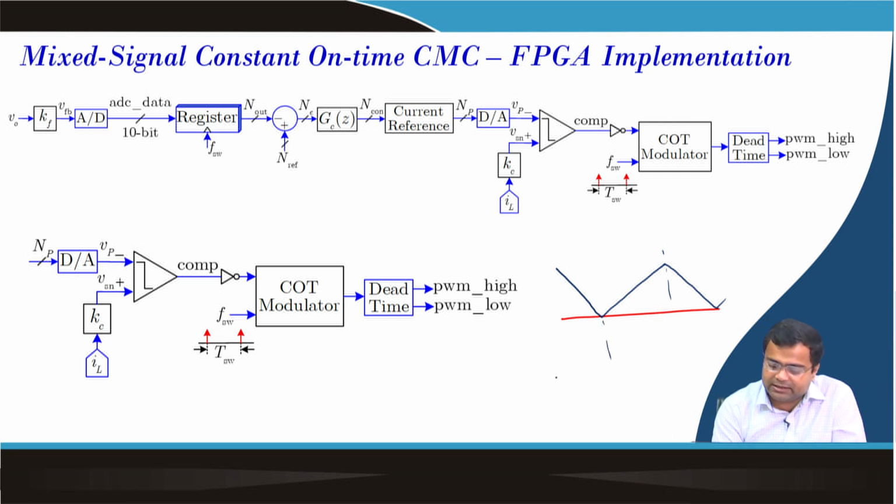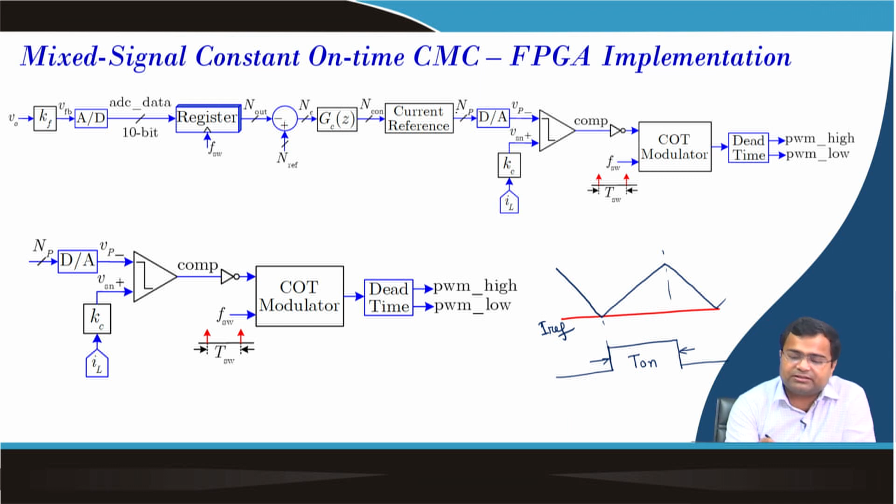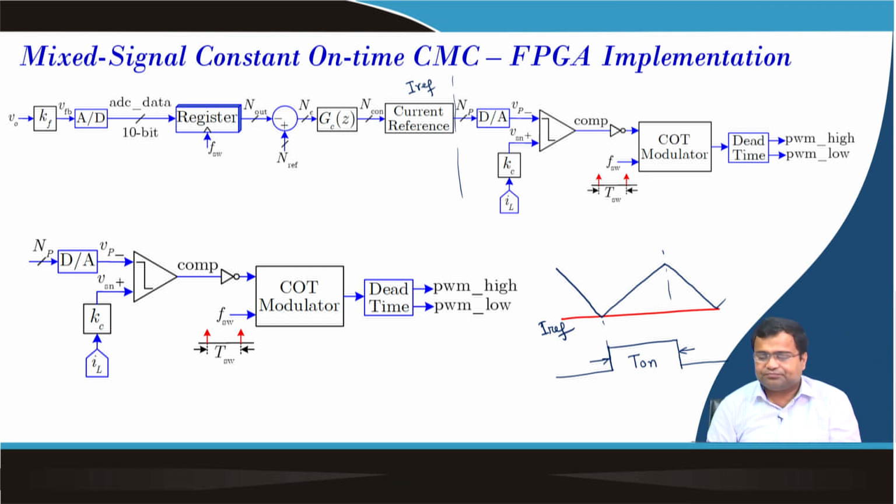So, here your on time will be triggered, it will remain on, and so on, and this is our T on duration. This is our IREF. So, we are using a fixed current reference, that means we are not going to close the loop. We are using IREF as a fixed value, which is going as a data input to the DAC, and this is my IREF.